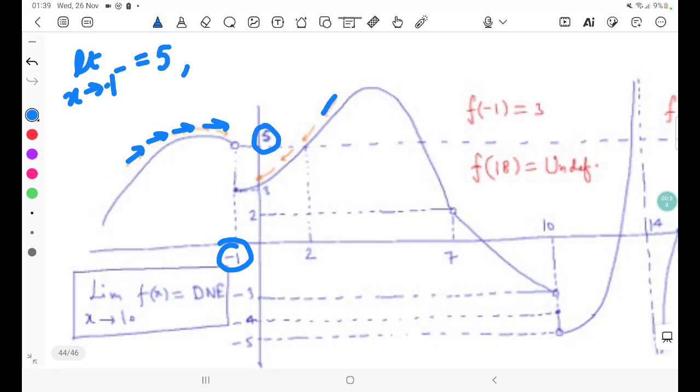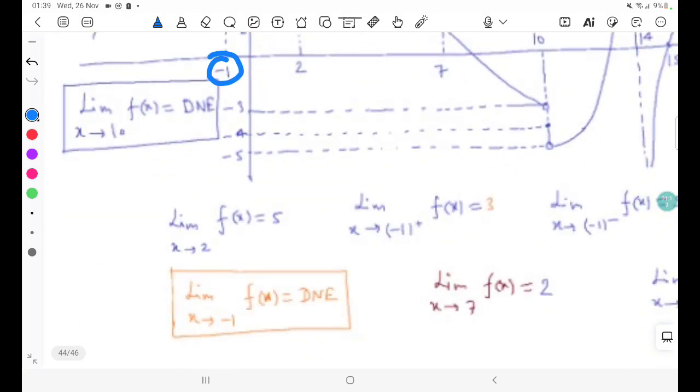But if we look from the right hand side, the graph approaches 3. So we can say that the right hand limit at -1 is 3. Here we can see that both the limits of the graph exist but they are not equal. Therefore we can say that the limit as x approaches -1 does not exist.